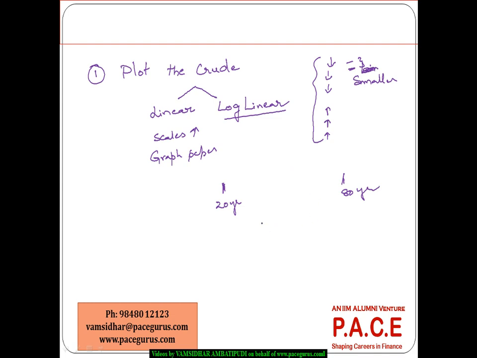But if I am looking at, let's say, 30 years to 40 years, even a linear model is quite adequate and sufficient. So wherever my intention is to do the graduation over limited age ranges, I can still prefer the linear scale. Otherwise, it's always better to go with the log linear scale.